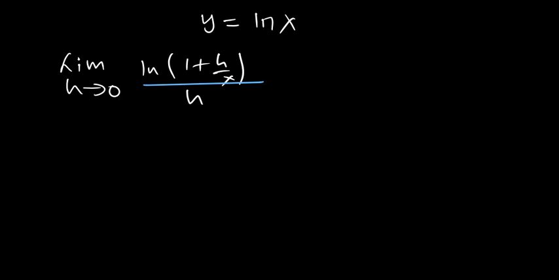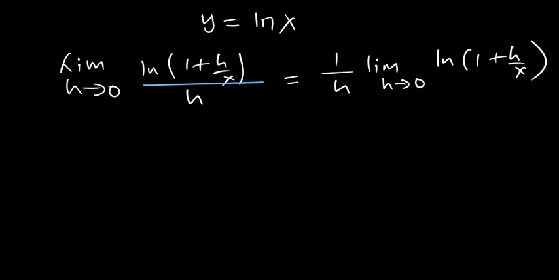Okay, anything that you can actually picture at this point? So we can pull out this h, so that we have 1 over h, and then remain with the limit as h approaches 0 for the natural log of 1 plus h over x.